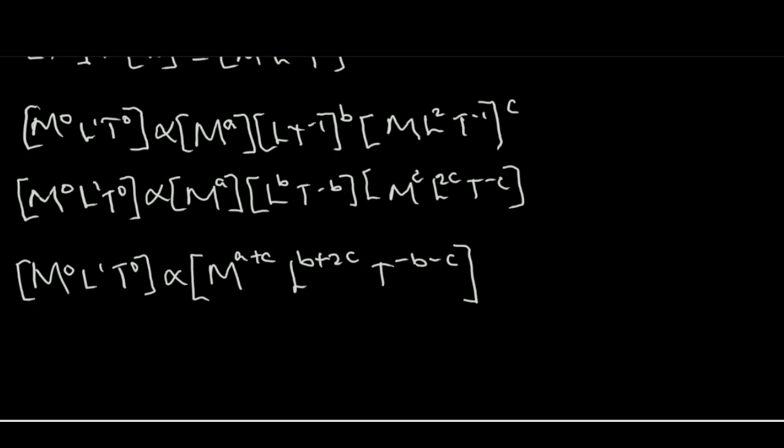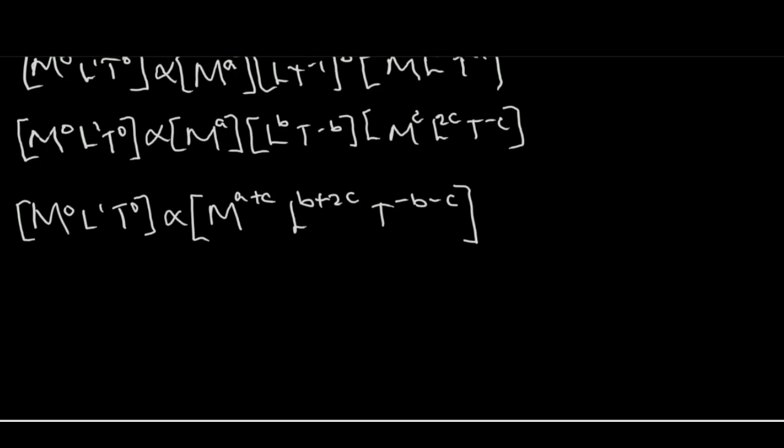So according to the principle of homogeneity, left is the same as right. So for m, on the left I have 0, and on the right I have a plus c, so a plus c equals 0. Then b plus 2c for L equals 1.